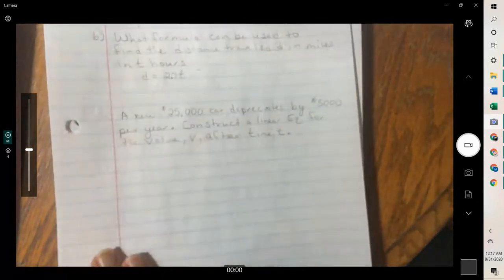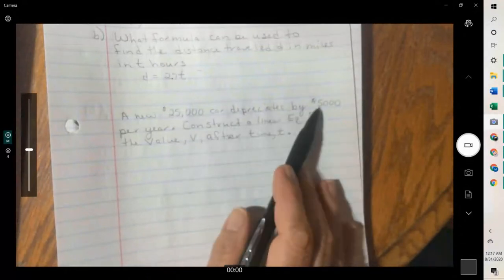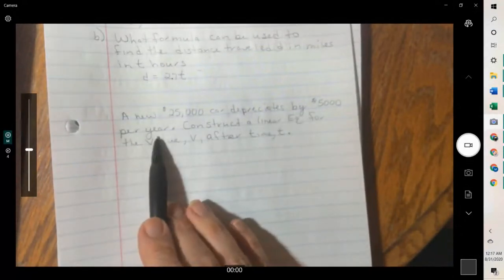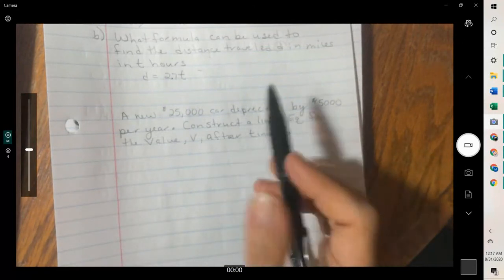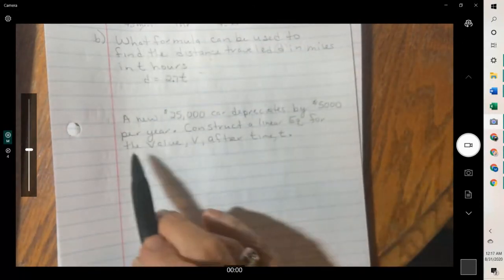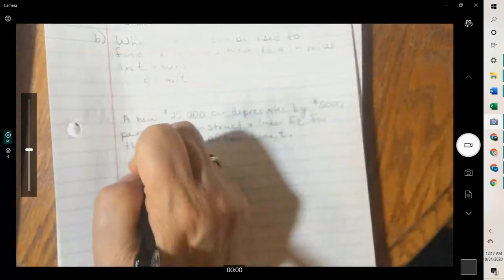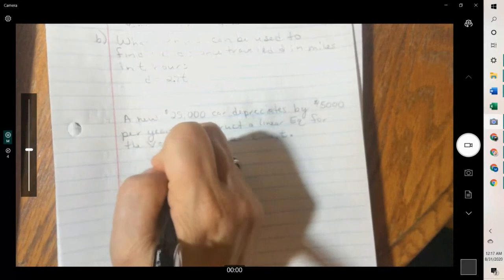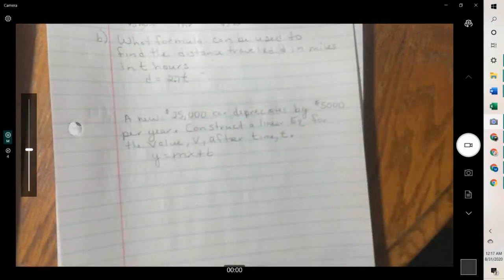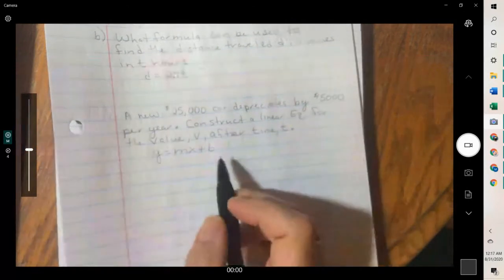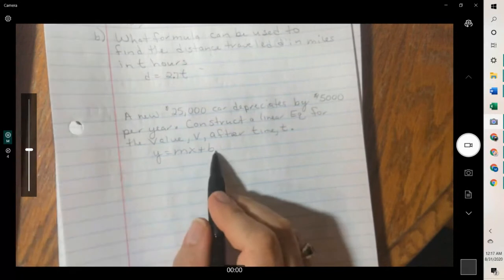A new $25,000 car depreciates by $5,000 per year. Notice $5,000 per year, that's your rate of change. Construct a linear equation for the value V after time t. Remember, M is our rate of change and B is our y-intercept. This is the slope.